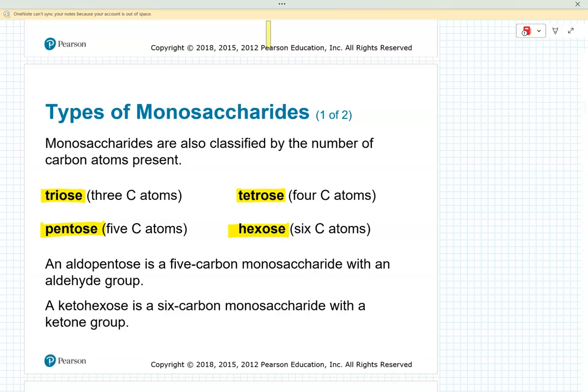Okay? So for instance, if you have a monosaccharide with 5 carbons, which contains an aldehyde group, we call it an aldopentose. A monosaccharide with 6 carbons and a ketone group, we call it a ketohexose. Does the logic of naming make sense, everybody? All right, good. Moving on.